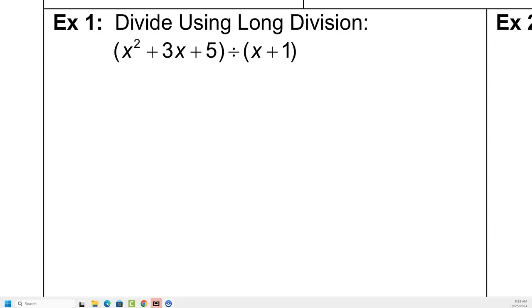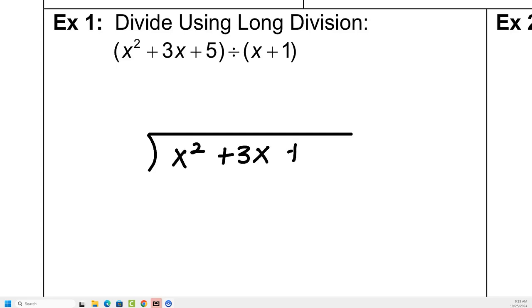Let's review how to do this with long division. We're going to take x squared plus 3x plus 5.